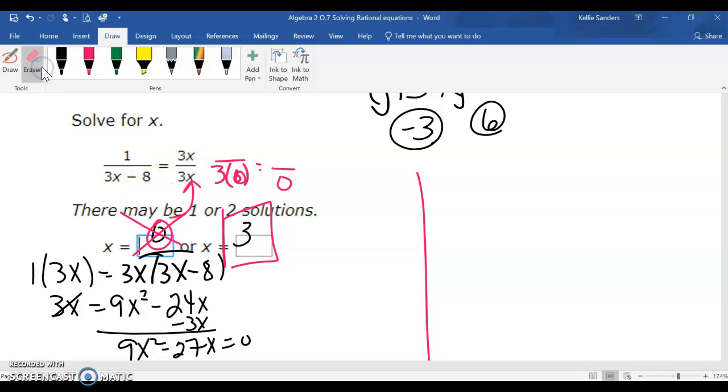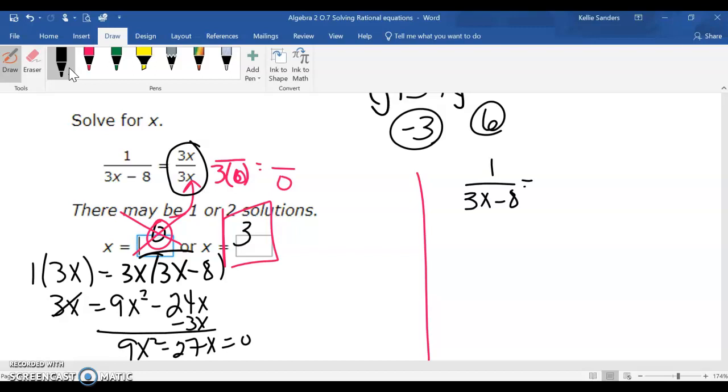But if at the very beginning we would have noticed that 3x over 3x equals 1, I could have just had this as a problem to begin with. Cross multiply, 1 times 1.